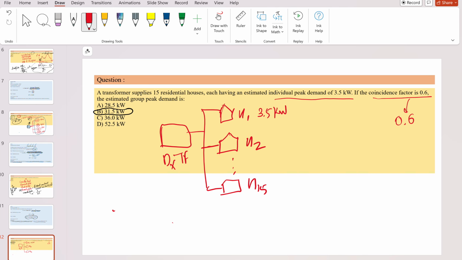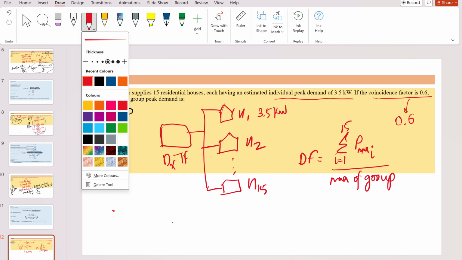From the formula, the diversity factor is the summation of all the houses' maximum demands, the sum of P max i, divided by the maximum demand of the group.